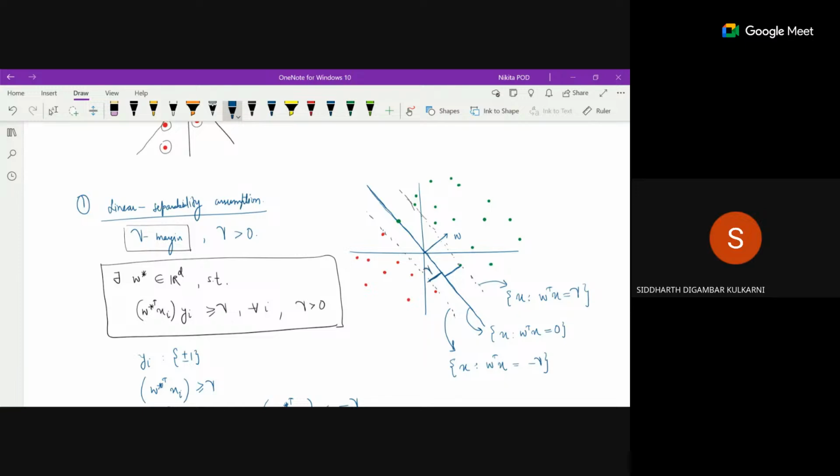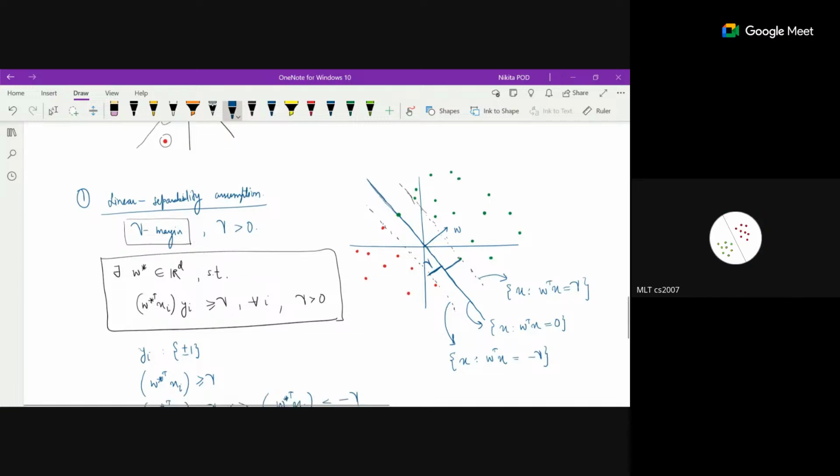Only then can you say that the distance between the solid line and the dotted line is gamma. If w is not a unit vector, then you cannot say that the distance is gamma. Okay, I get that.